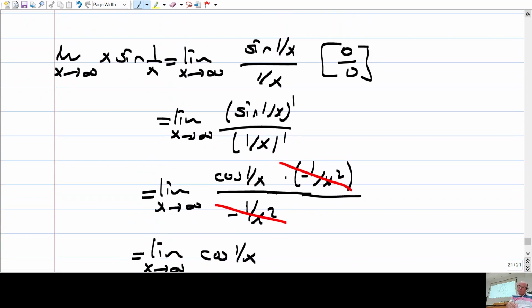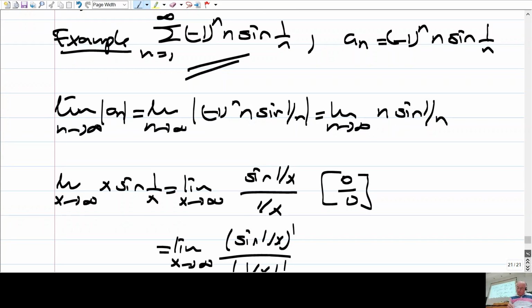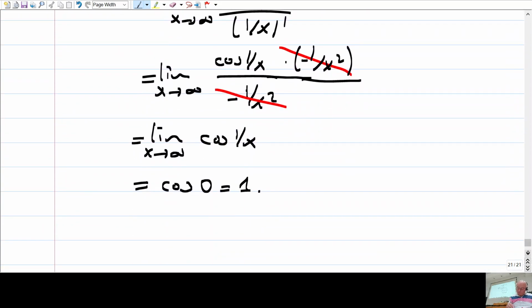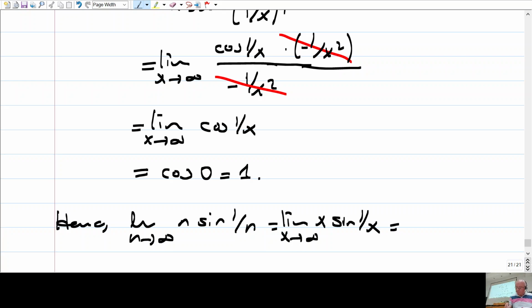So the limit of this expression turned out to be 1. Hence the limit as n goes to infinity of n times sine 1 over n, which is equal to the limit as x goes to infinity of this, exists, therefore these two are the same.